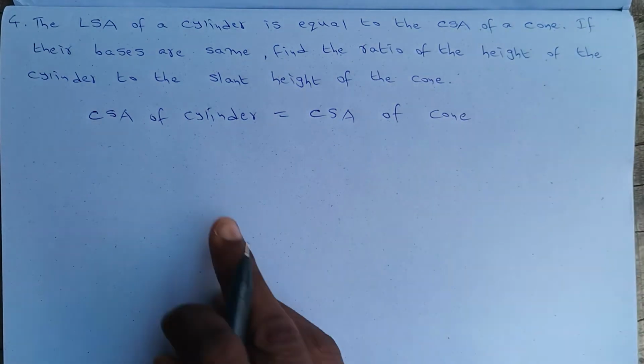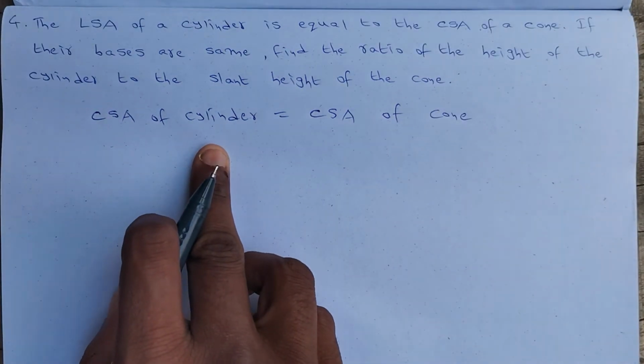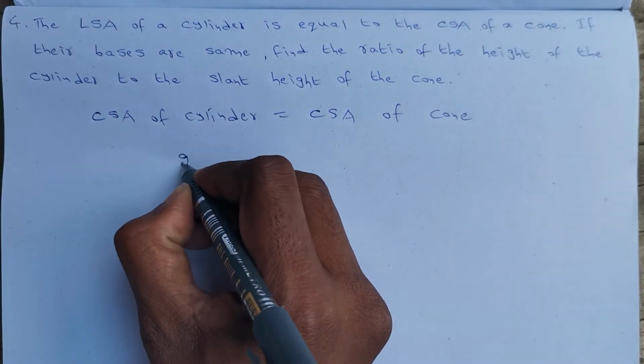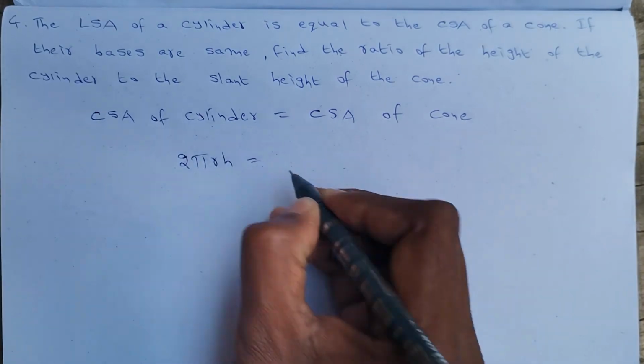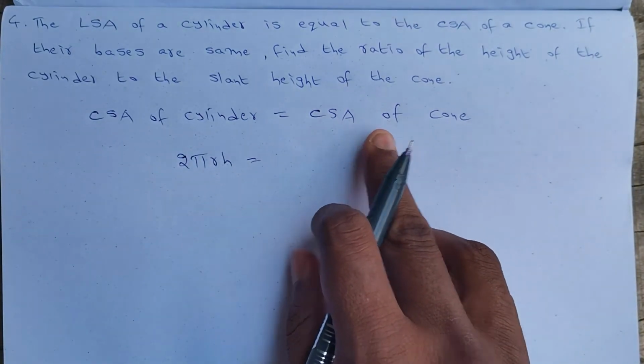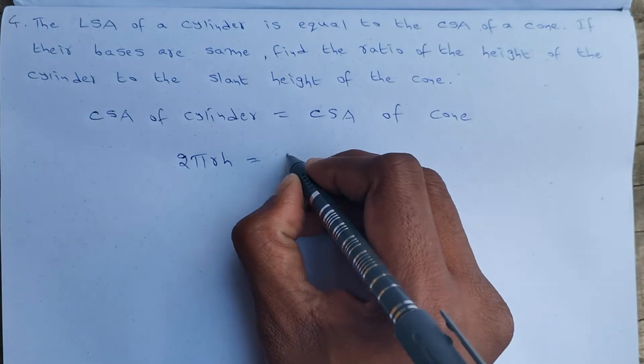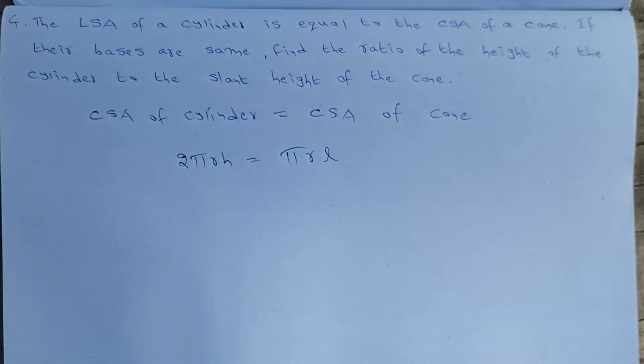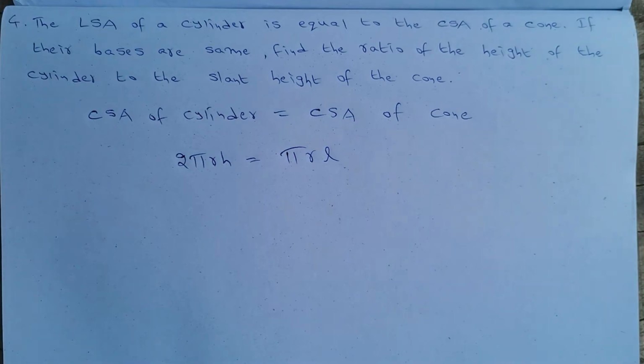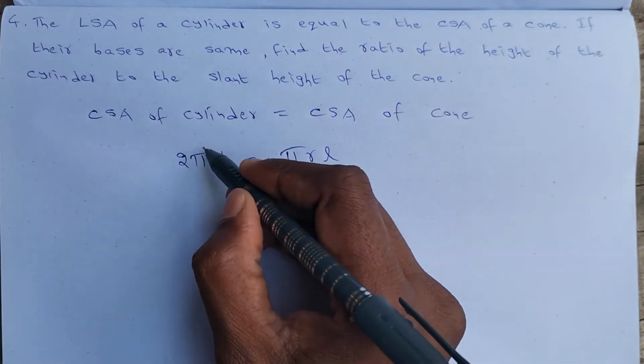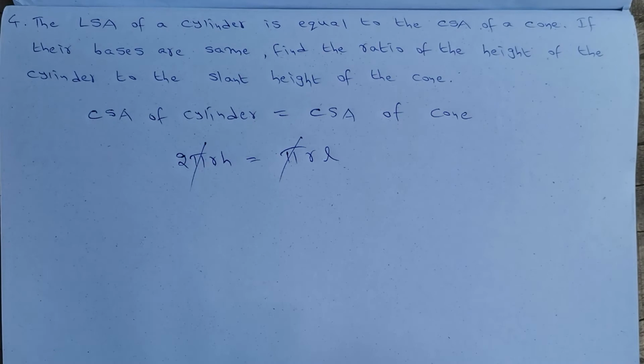Okay, let us write the formulas. Curved surface area of a cylinder is 2 pi RH. That is equals to curved surface area of a cone, pi RL. Then left side pi, right side pi, both will get cancelled.